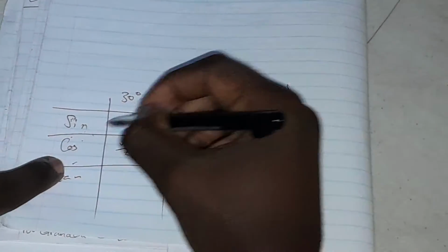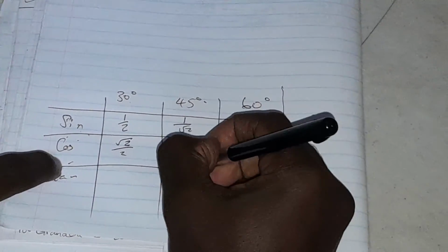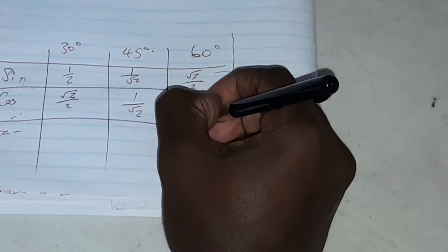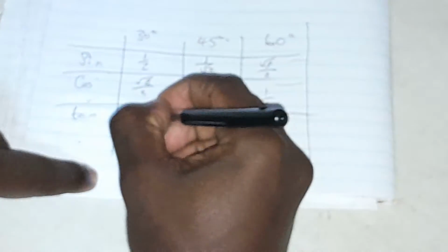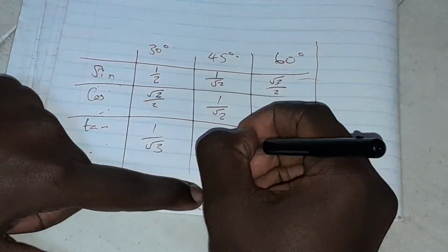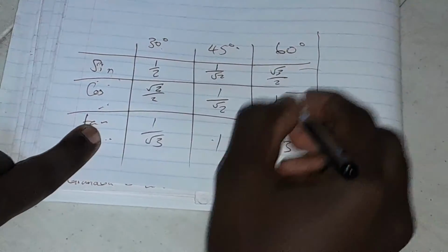And then for cos 45, it gives me 1 over square root 2. For cos 60, it gives me a half. For tan, it gives me 1 over square root 3. For tan 45, it gives me 1. For tan 60, it gives me square root 3. So I'm going to use this table to solve for this problem.